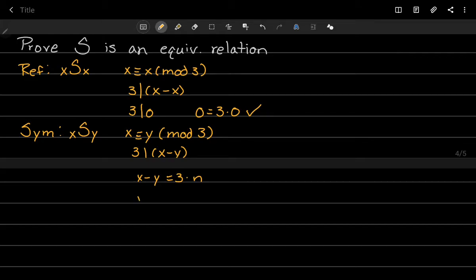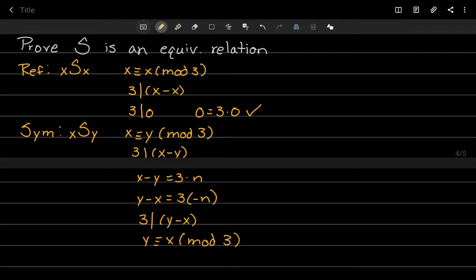But look at this, if I switch to get y minus x, because I'm wanting to switch the order, then that's just 3 times the negative of that integer. Multiply both sides by -1, and we get that, which means 3 divides y minus x, which means y is congruent to x, mod 3. So we are symmetric. That's good, because we're supposed to get that it's an equivalence relation.